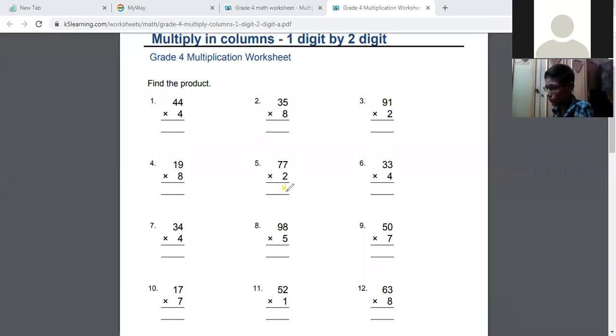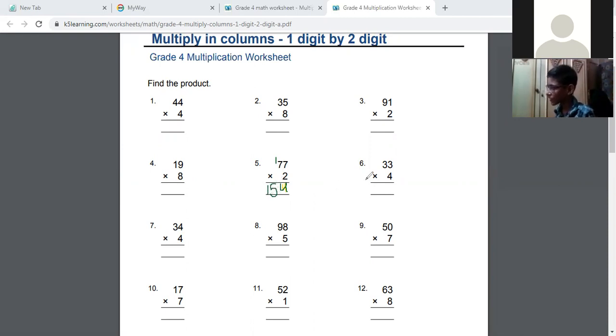And now 2 sevens are 14, and 14 plus 1 is 15. Very good.